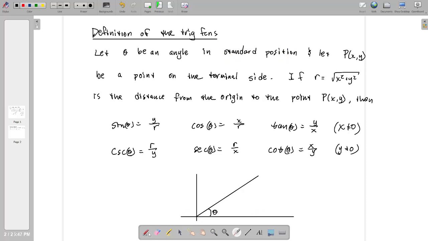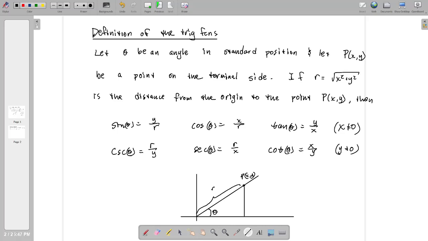So now, if we have some point P(x, y), it doesn't matter if this point is on the unit circle or not. If this point P(x, y) is anywhere on this terminal side of the angle, then these ratios will hold, assuming again that r is equal to the square root of x squared plus y squared. So the distance from the center to the point P is r.